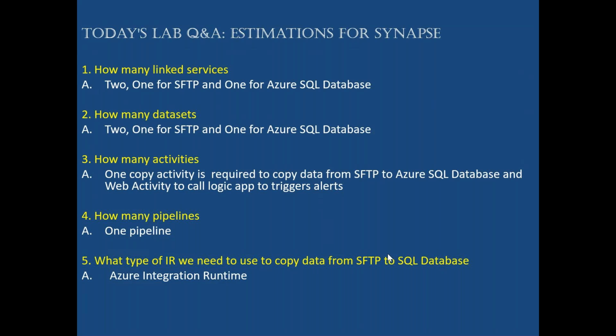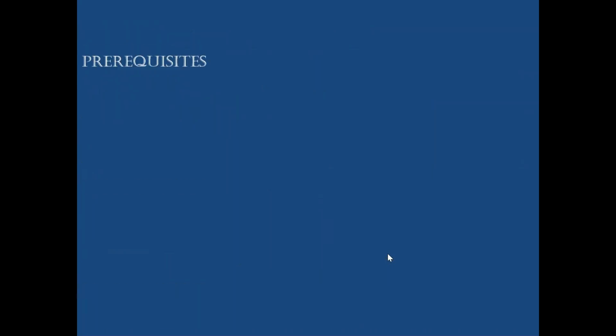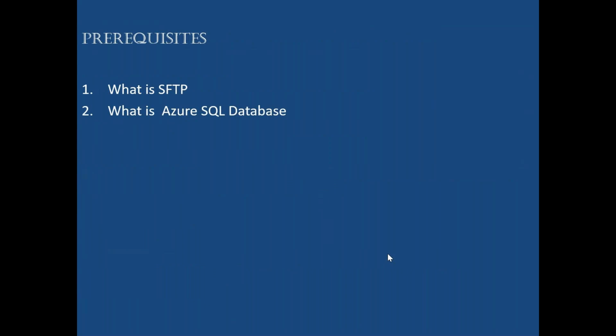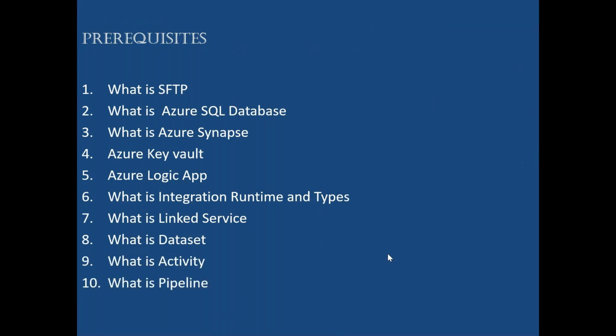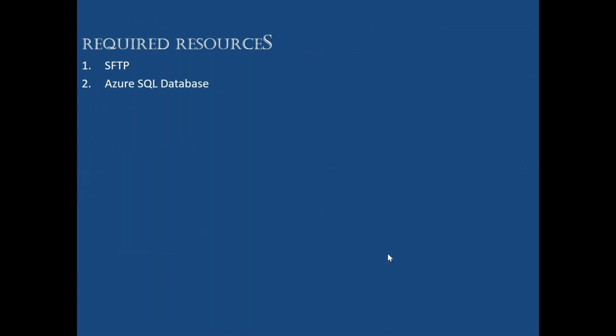We need to use Azure integration runtime. Prerequisites: SFTP, database, Azure Synapse, Key Vault, Logic App. All the others are components of Azure Synapse. So the required resources are SFTP, Azure SQL Database, Azure Synapse, Azure Key Vault, and Logic App. These are the 5 required resources for today's lab.